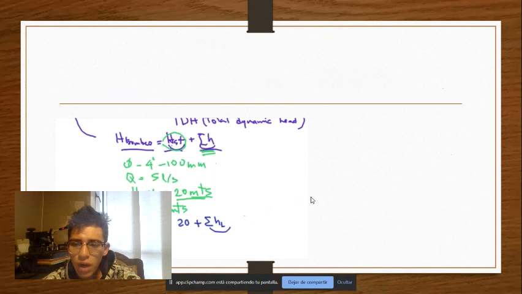The pumping head, or total dynamic head, which comes from English, total dynamic head or total dynamic height, is equal to the static head plus the sum of the head losses, also called dynamic head. The first component, the static head, is the difference in level from the water level here in the suction to the level at the discharge.